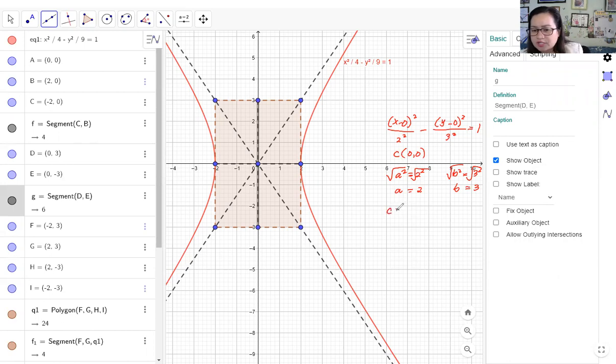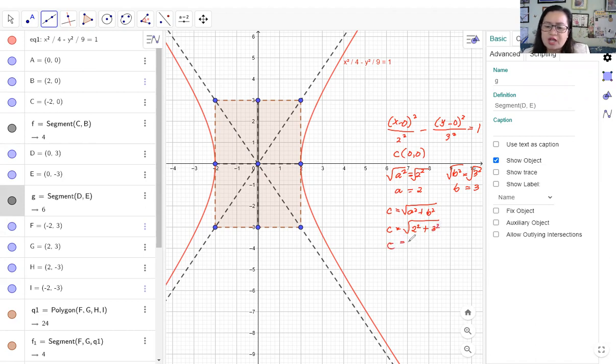Substituting the value of a, that is 2 squared, then for b, we will have 3 squared.